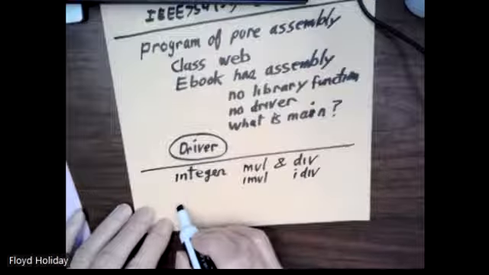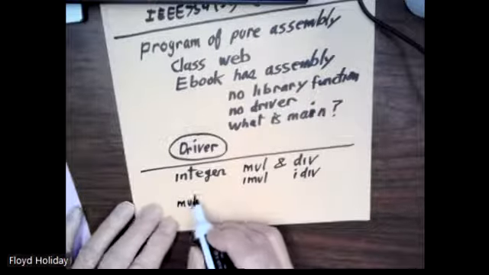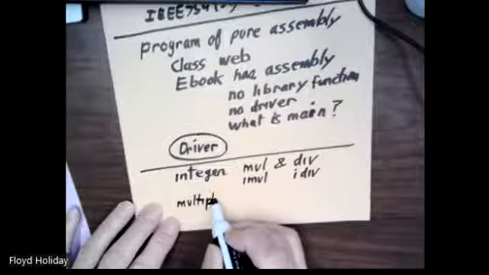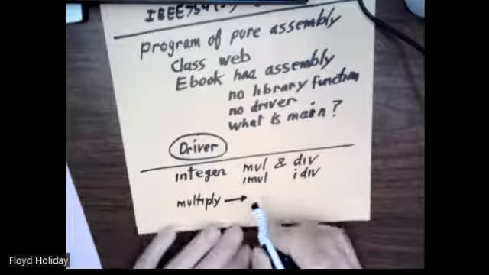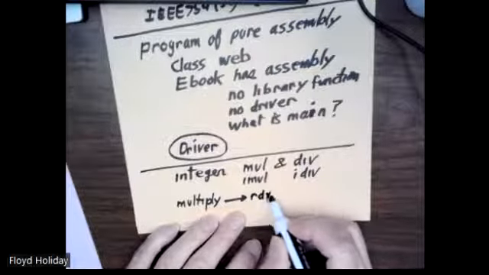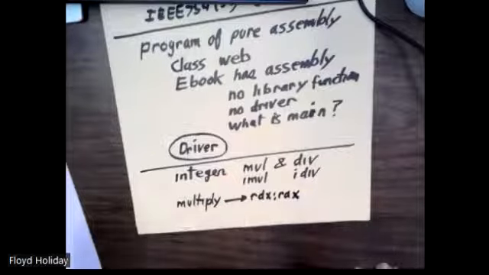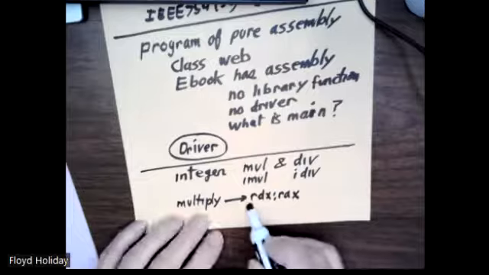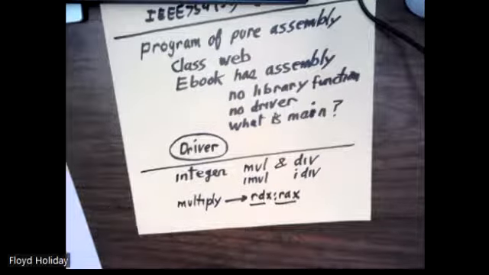If you multiply two numbers, multiply will result in an overflow of two integer registers, leading to two registers, RDX, RAX. They take the huge overflow number that's overflowed the size of one register, and they split it between two of them. Okay. And idiv requires the reverse of that.